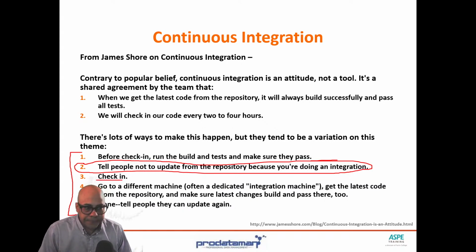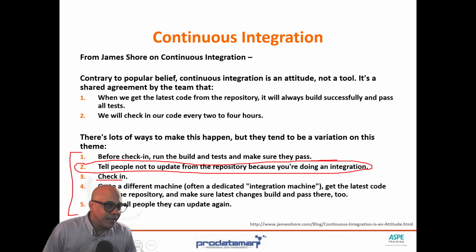Then we check in. Now, we don't necessarily need to go to a different machine dedicated as the integration machine, because that's what's going to happen automatically for us in the background using Azure DevOps. But the idea here is to make sure that it works someplace other than just on the developer's machine. Right?